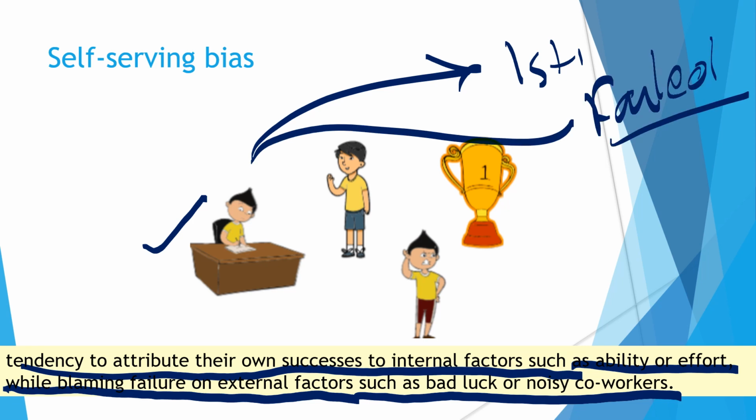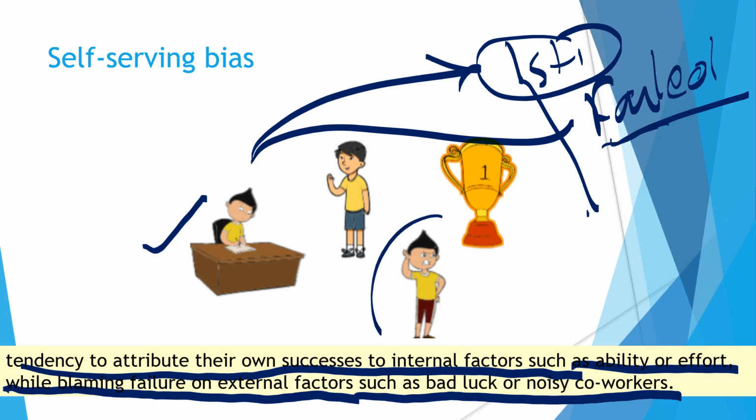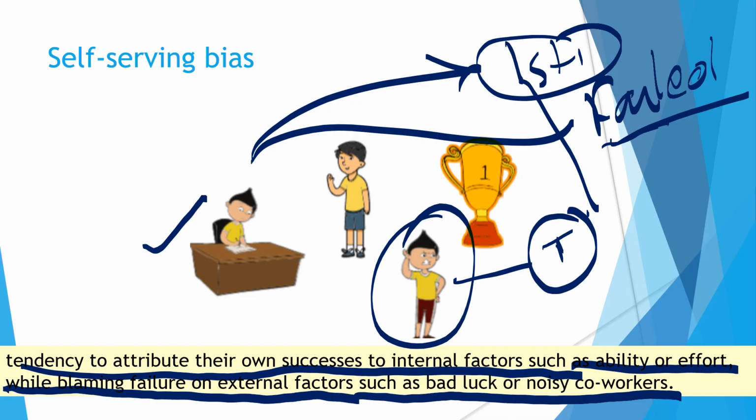In the first scenario, he can say it happened because I studied a lot. If he failed, he can blame the teachers, saying they were very bad and did not teach him nicely, or he can say I was not well, that's why it happened, or make some other excuses.